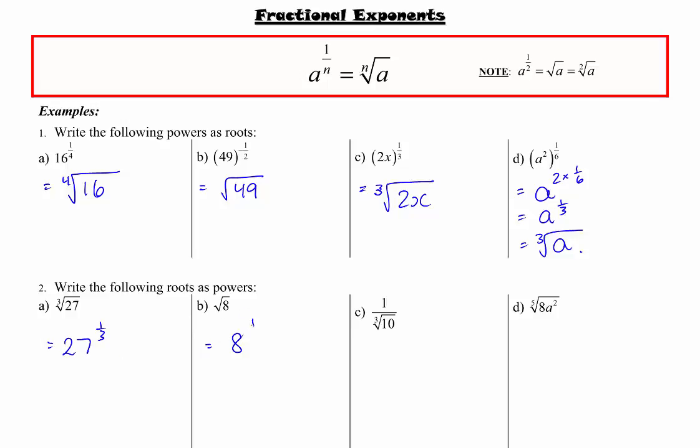Square root of 8 is 8 to the half. 1 over the cubed root of 10 would be 1 over 10 to the third. And here I have the 5th root of 8a squared. So I'm going to put 8a squared, and then that's to the power of 1 over 5.